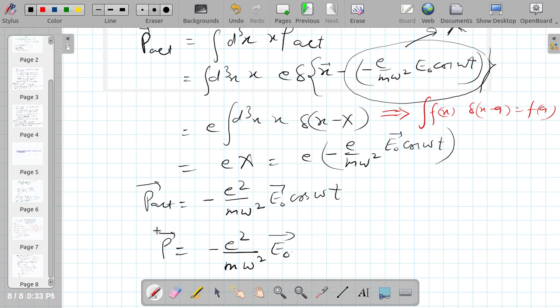So now this is the dipole moment. Now average power radiated can be expressed in terms of a dipole moment.